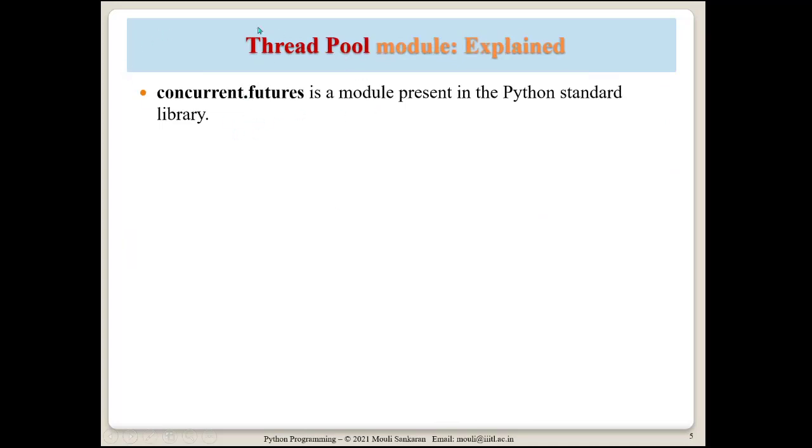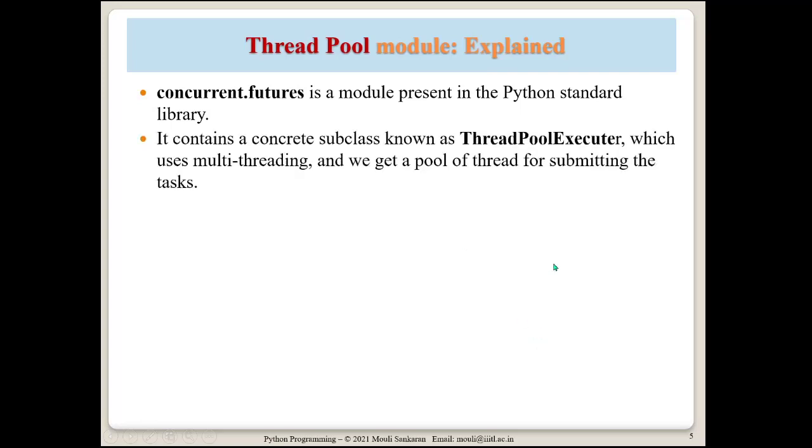This is actually concurrent.futures. This is the module, and what it returns is a future object. It contains a concrete subclass known as ThreadPoolExecutor. This is the main class, and ThreadPoolExecutor is a subclass. It uses multi-threading, which gets you a pool of threads for submitting tasks.